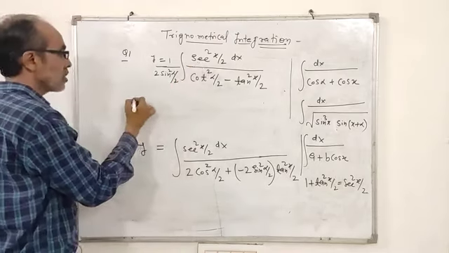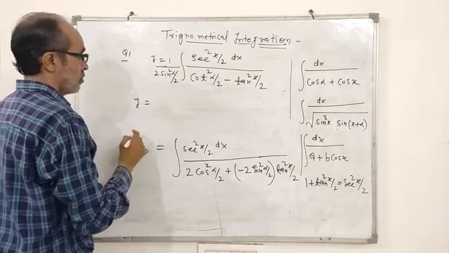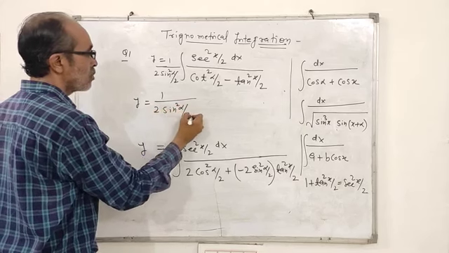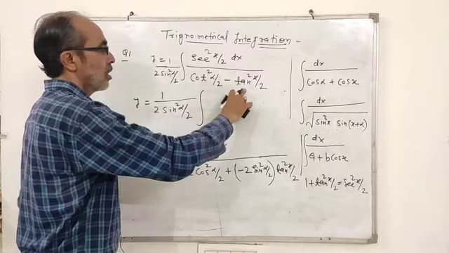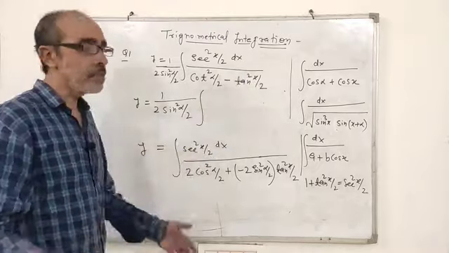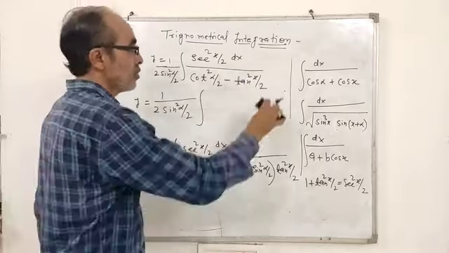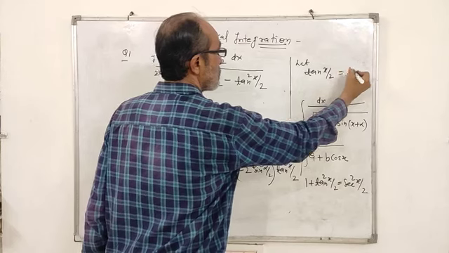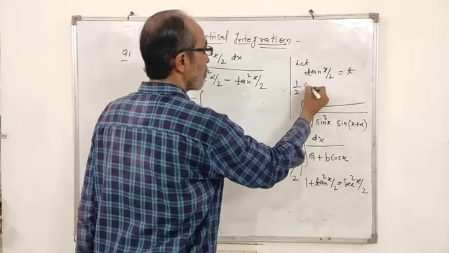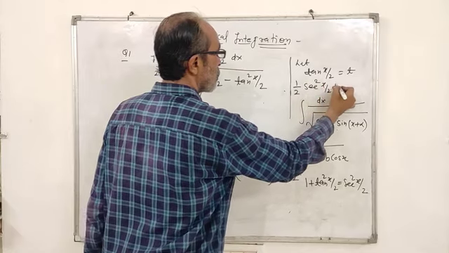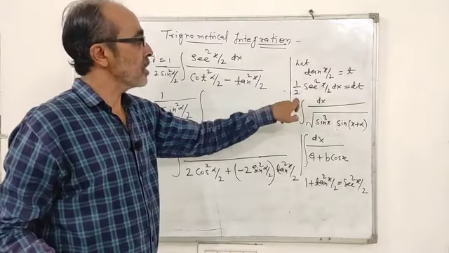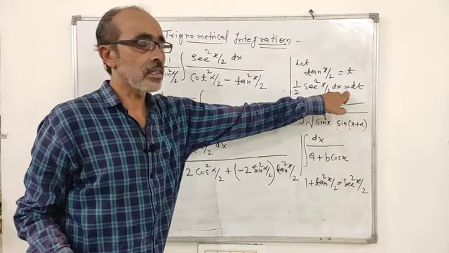So the integral is equal to 1 upon 2 sin square alpha by 2, and here we let tan x by 2 be the variable t. So tan x by 2 is t, and after differentiating, half of sec square x by 2 dx is equal to dt.